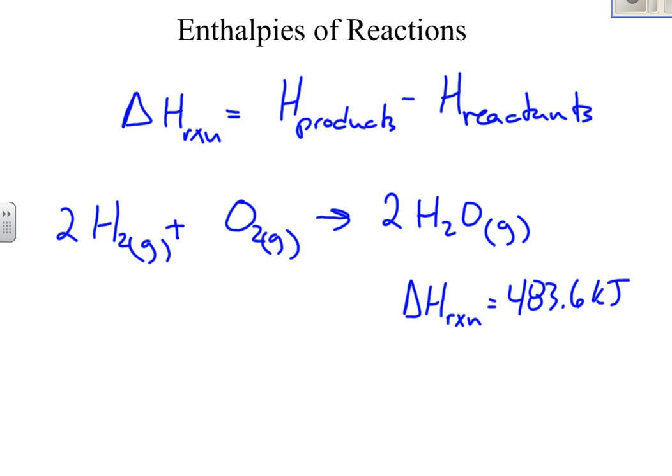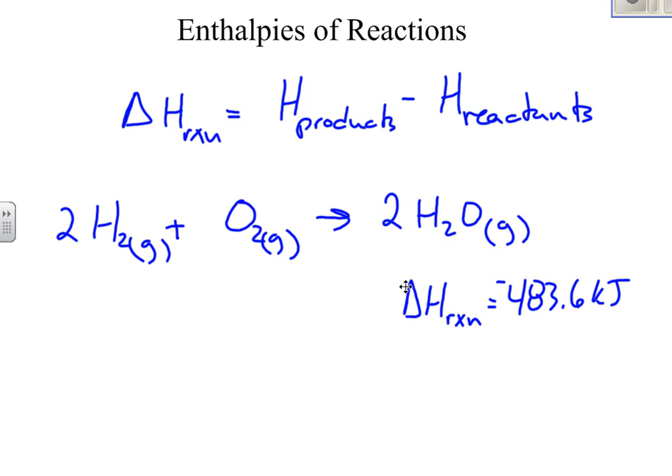This is an exothermic reaction, so it's going to be a negative value there. So this is a fairly significant amount of energy that's given off. This is the amount of energy that's given off per 2 moles of hydrogen reacting with 1 mole of oxygen forming 2 moles of gaseous water molecules.